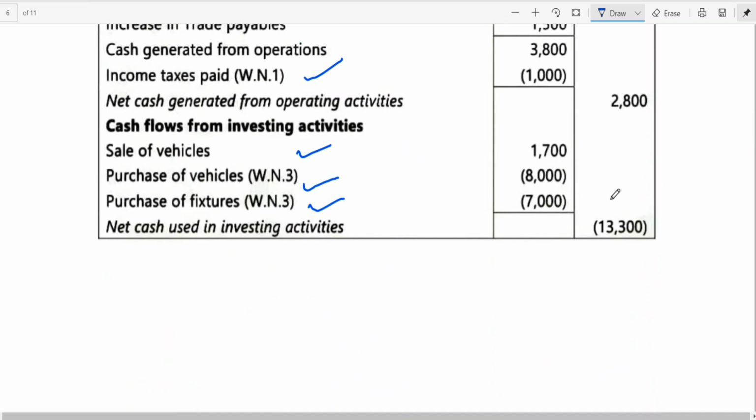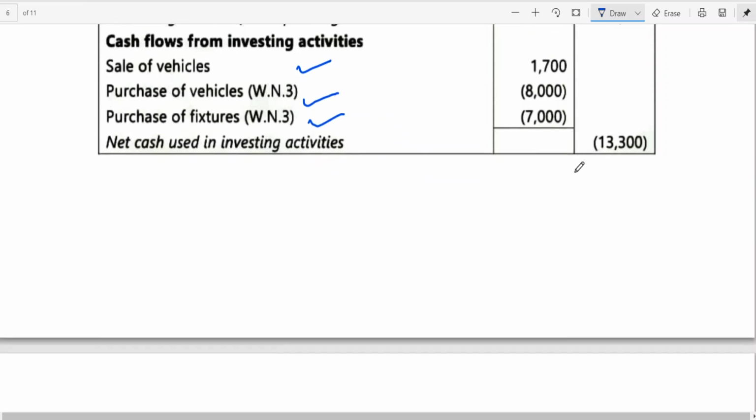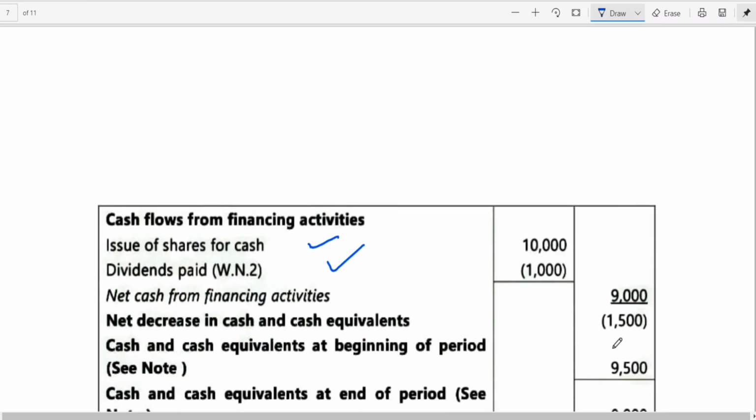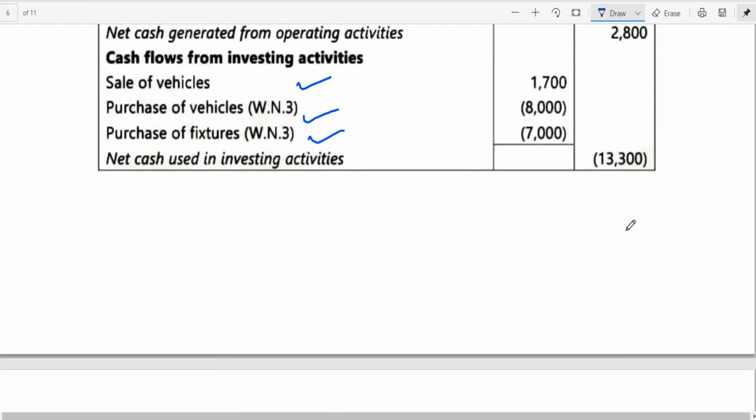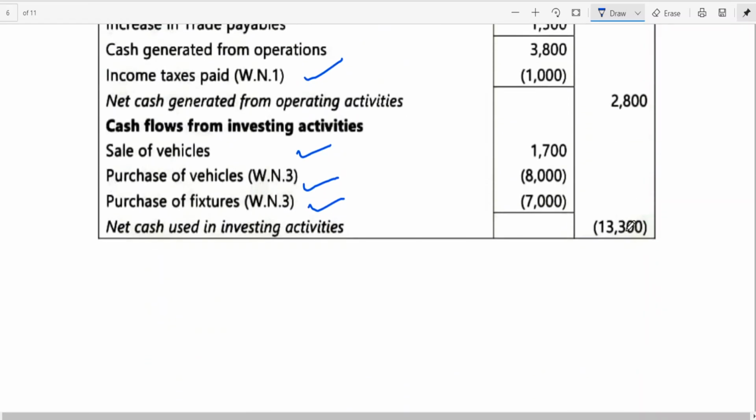Now if you look into it, 2,800 minus 13,300, you are getting 10,500. Just a minute, my dear friends. 2,800 is positive, no?